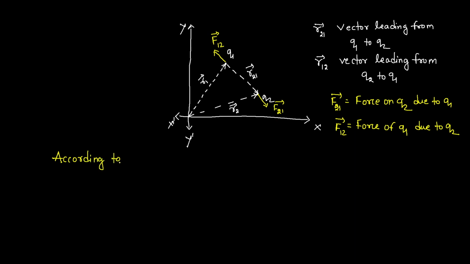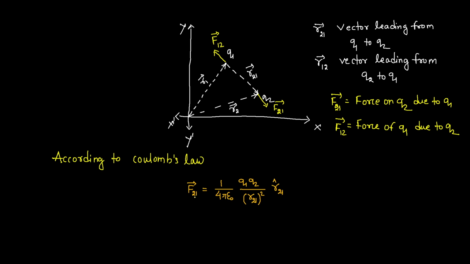according to Coulomb's law, F21 will be equal to 1 by 4 pi epsilon naught Q1 Q2 by R21 whole square R21 cap.